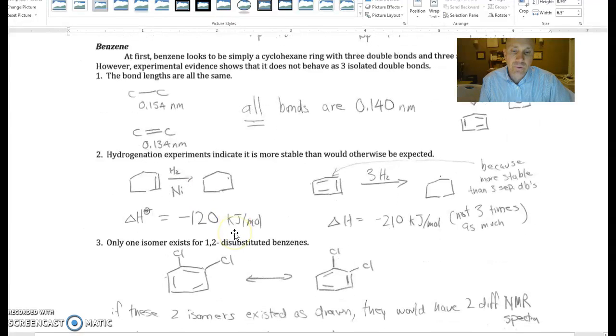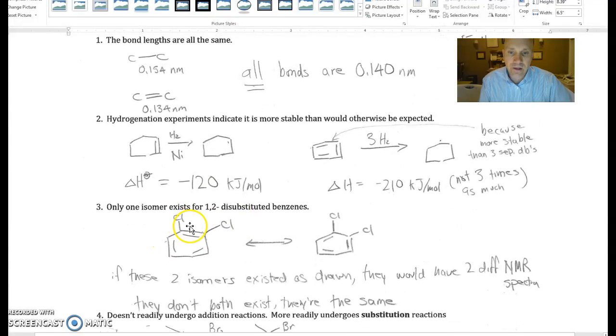So one more bit of evidence is the fact that when you have 1,2 disubstituted benzenes, for example, this is 1,2-dichlorobenzene, you don't have 2 separate isomers. If we drew these structures as if they were essentially 3 separate double bonds, this would be a different isomer from this.